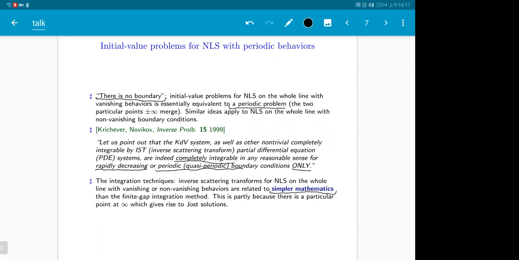That is because in the full line problem, you have this point at infinity, which gives rise to Jost solutions. For the periodic problem, you have to go to the spectral curves, and your spectral parameter naturally lives on a compact Riemann surface.